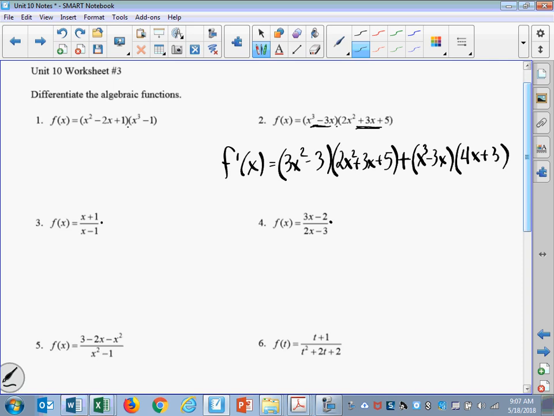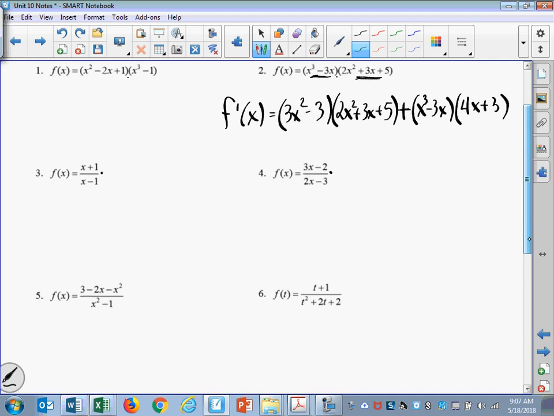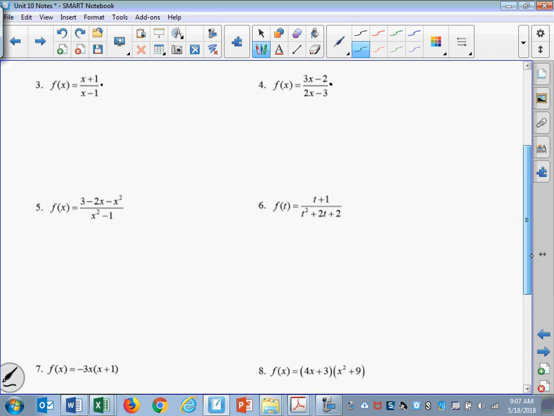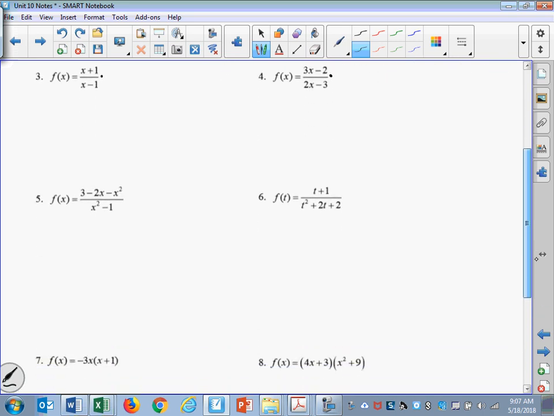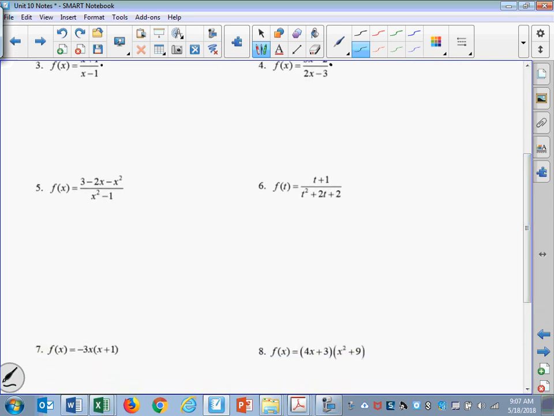Is there another one that looks bad? Let's try number five down there. Number five looks bad. So remember what the quotient rule says. This is the quotient rule because there's a fraction. So the quotient rule says low d high. So the denominator, d high, the derivative of the numerator is negative 2x minus 2, minus high, that's 3 minus 2x minus x squared. So no derivative on high.